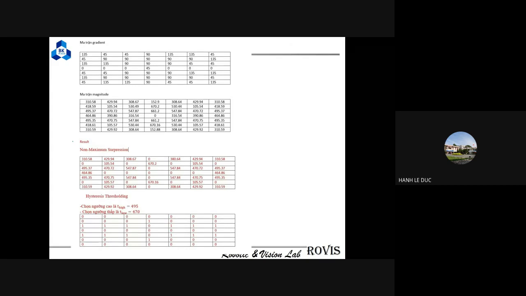To do the non-maximal suppression, we must have the magnitude matrix and the direction matrix. This is the direction matrix. We will scan each position.